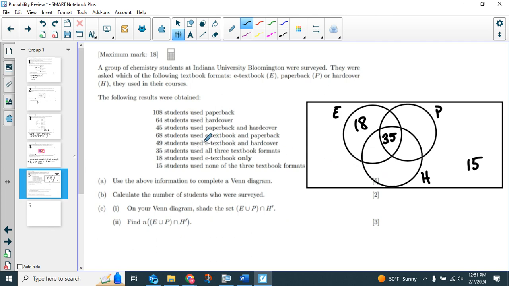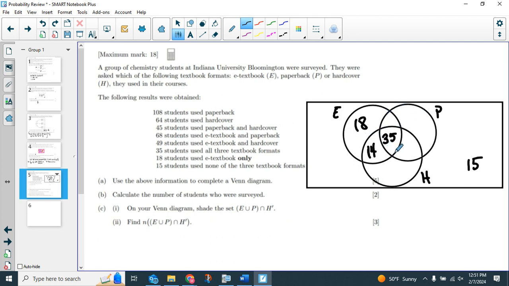49 students used e-textbooks and hardcovers. So e-textbooks and hardcover, this is the area that they overlap. We know that there should be 49 total. There's already 35 in here, so that makes this 14. 68 do e-textbook and paperback.